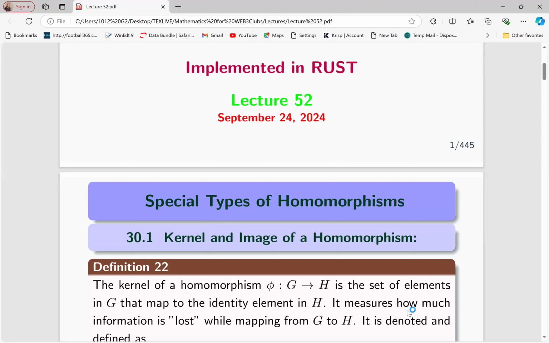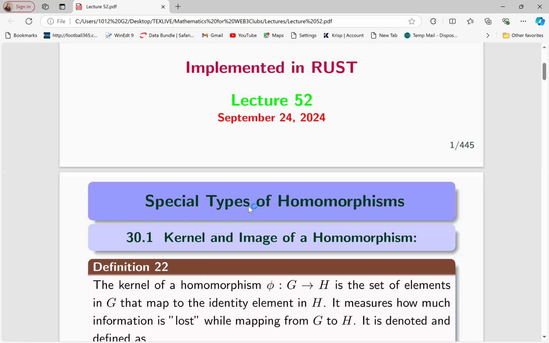So what is a kernel of a homomorphism? Of course, we defined homomorphism yesterday, and we said that it's just a mapping from one group to another that satisfies a certain condition.